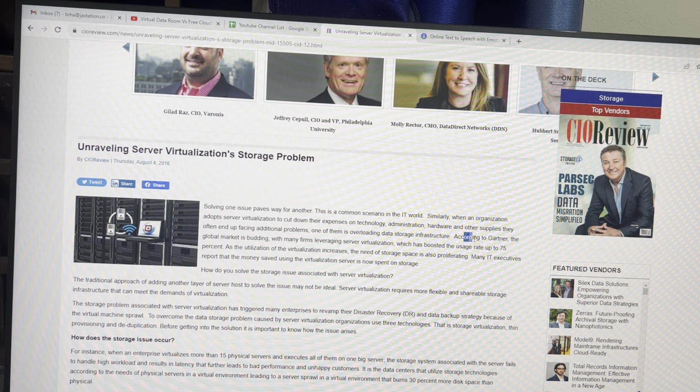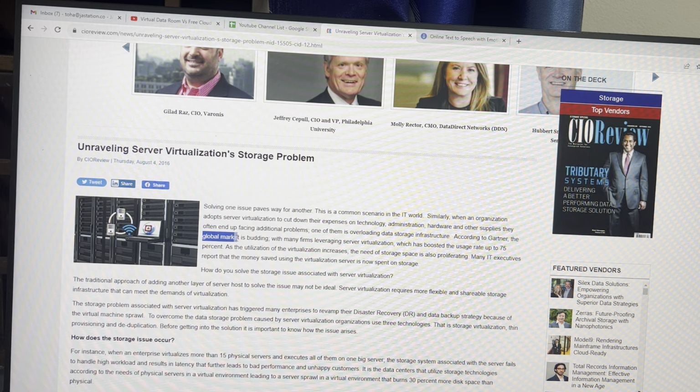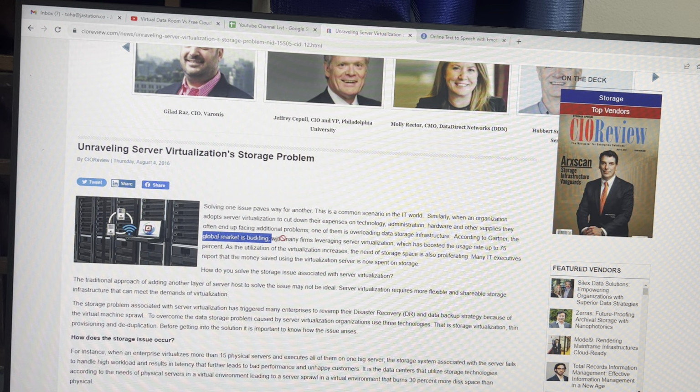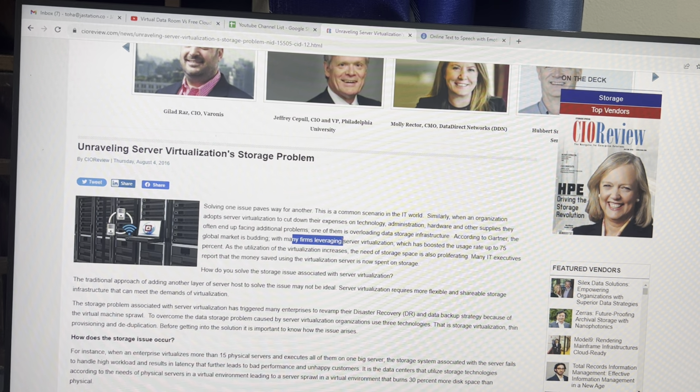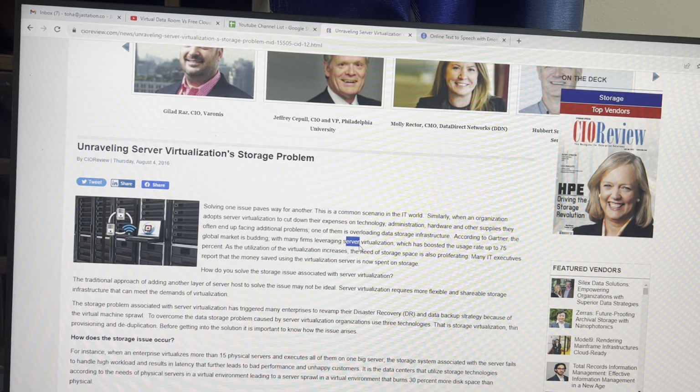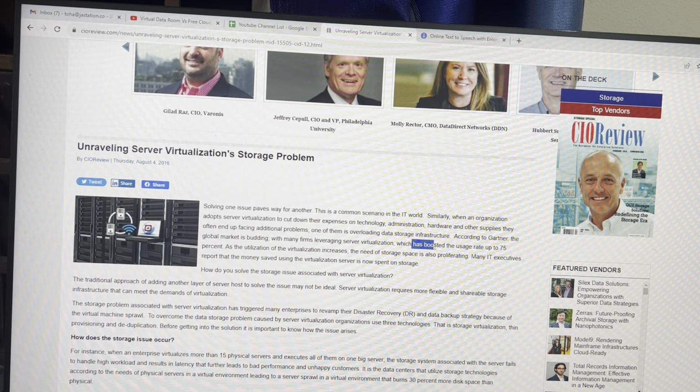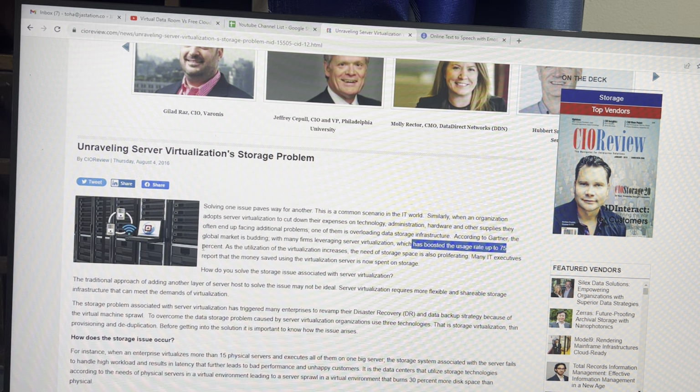infrastructure. According to Gartner, the global market is bidding, with many firms leveraging server virtualization, which has boosted the usage rate up to 75%.